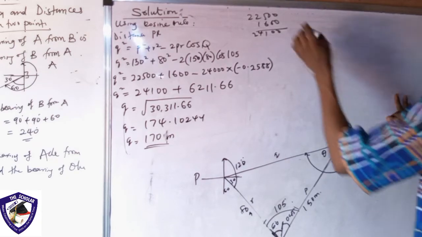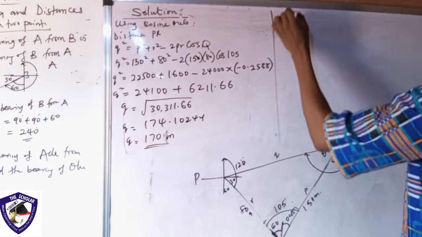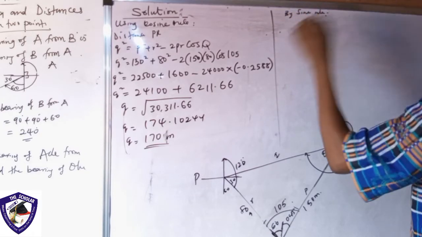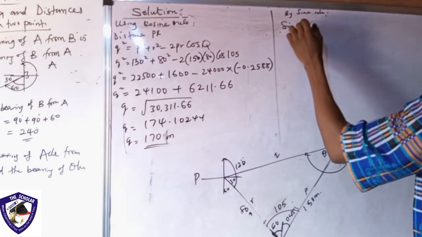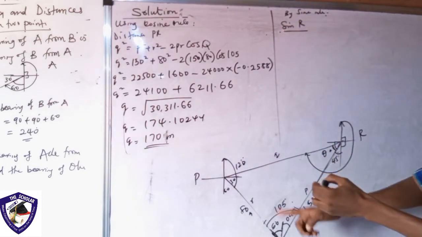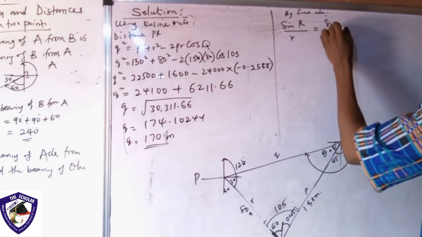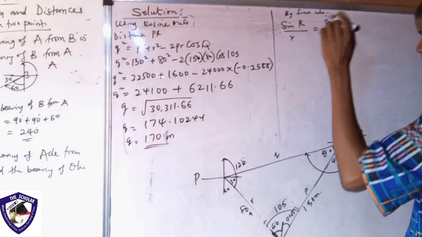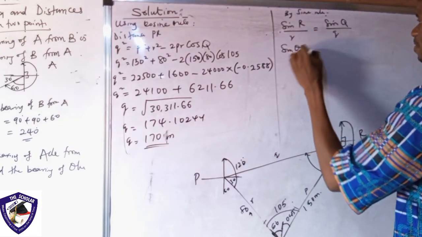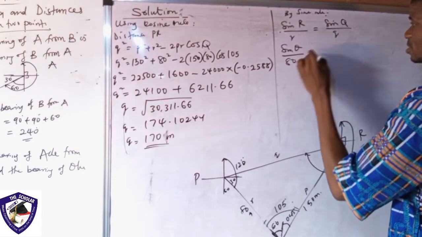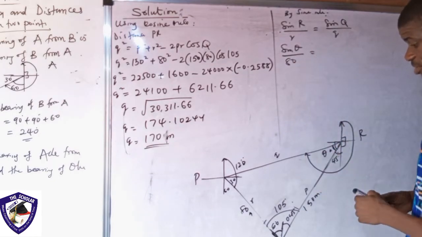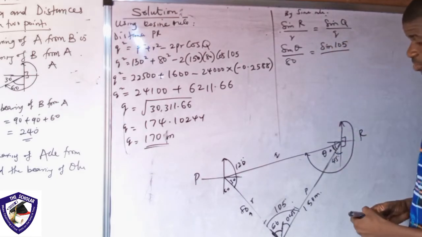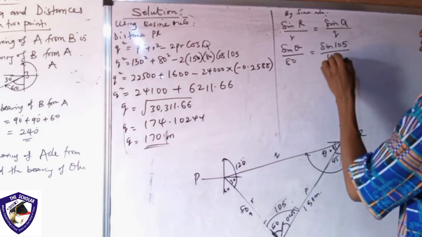Sine rule. So by sine rule, I have sine R divided by small r is equals to sine Q divided by small q. So sine theta over 80 is equals to sine 105 divided by our q, which is 170.